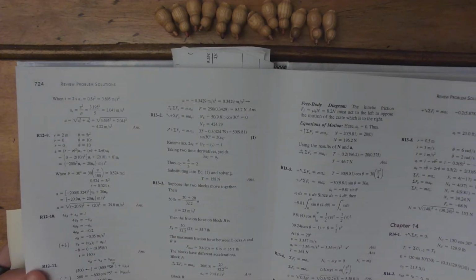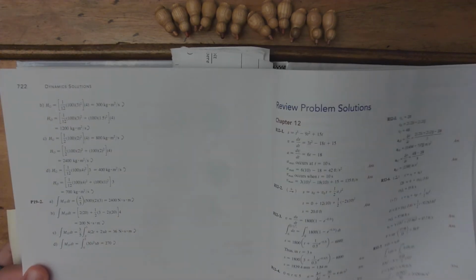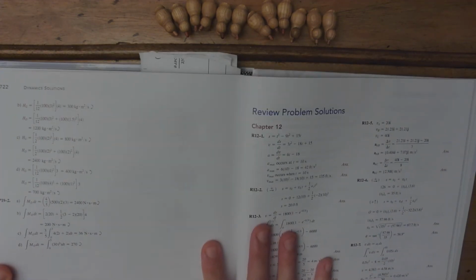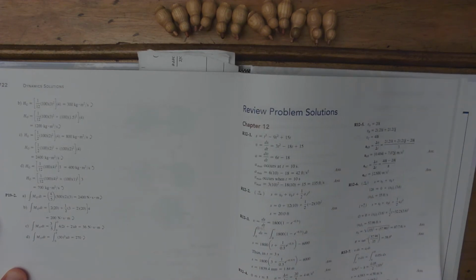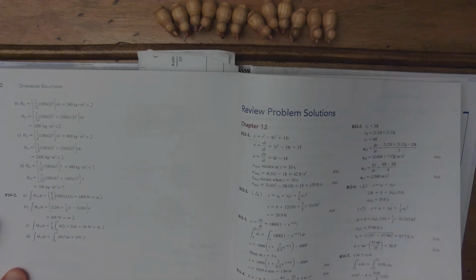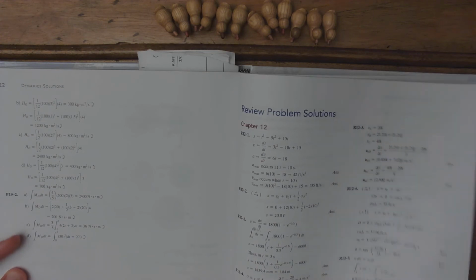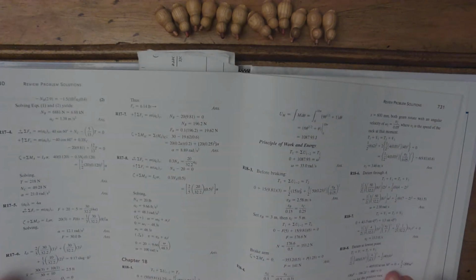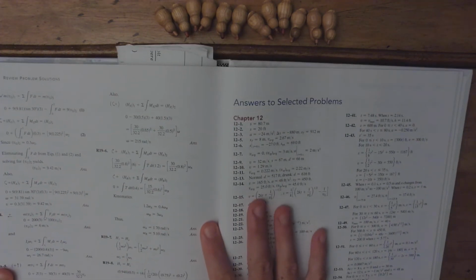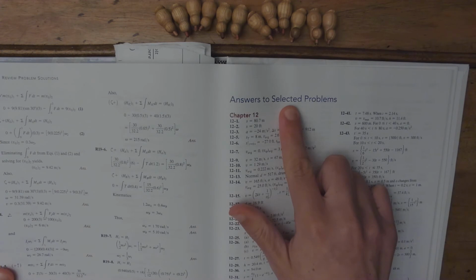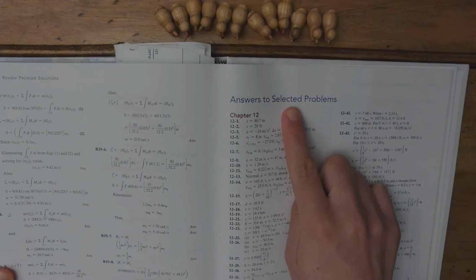So same kind of thing there. It might be a shorter solution than your solution, but helpful if you're stuck. Okay, and then after that, we have answers to selected problems. So selected problems, not necessarily all of them.